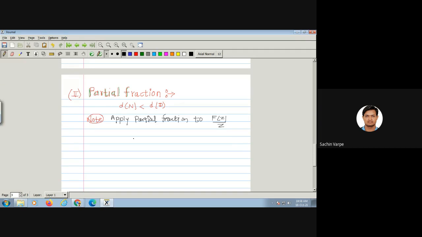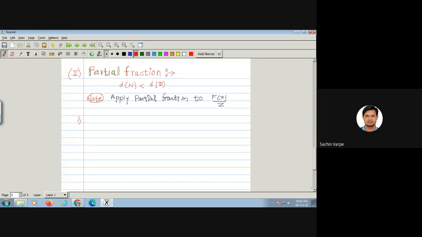I'm not going to discuss too many questions on this, because we have already discussed the process of finding the inverse Z transform in the first case in detail. So here I'll discuss only one example.